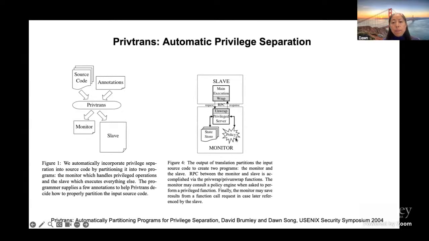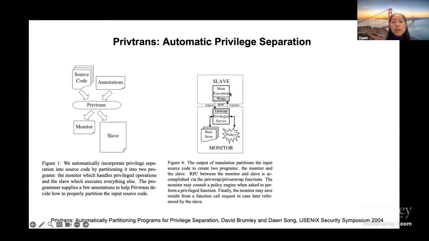Again, in our case, after the monolithic application has been separated into slave and monitor, the system also enables automatic communication setup between the two, for example, using RPC. The system is now separated into 2 modular components, essentially 2 isolated parts, which only communicate through this RPC channel.